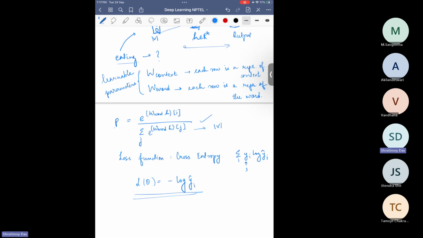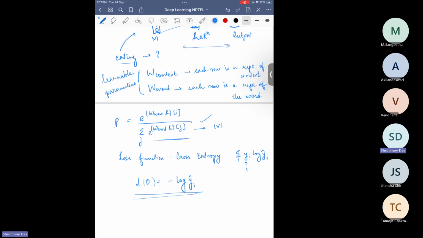So now we look at some computational issues. One main issue we had was this summation in the denominator term, where we have to go and sum up all of these |V| entries, and we don't want to do that because that is costly.